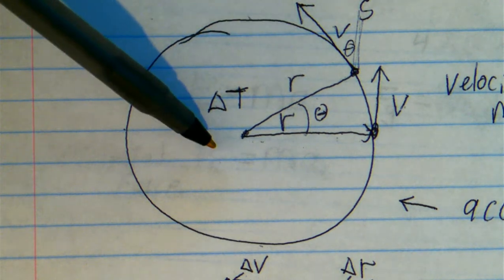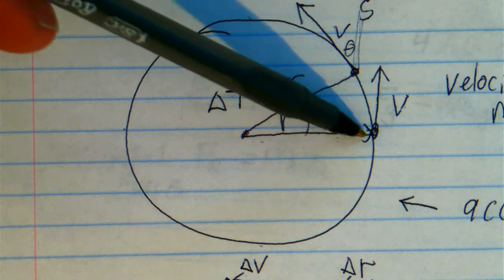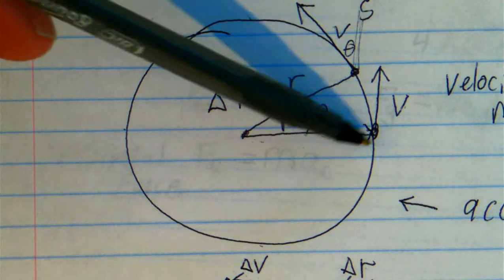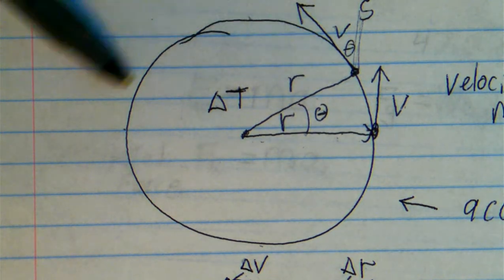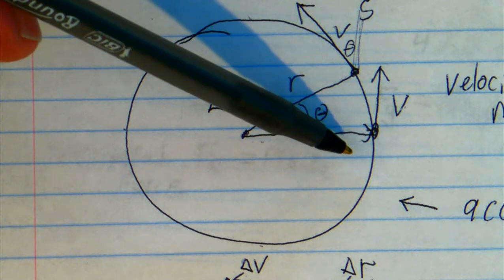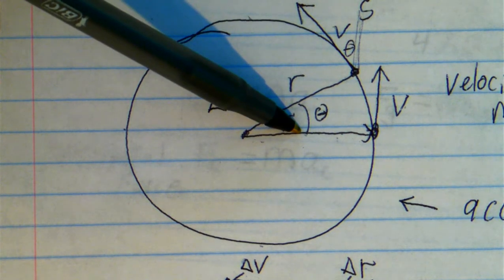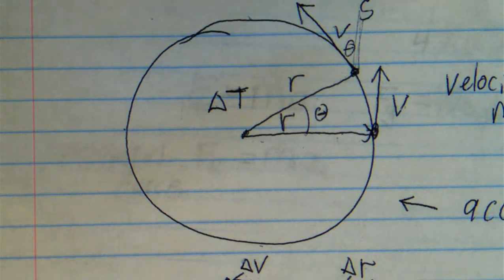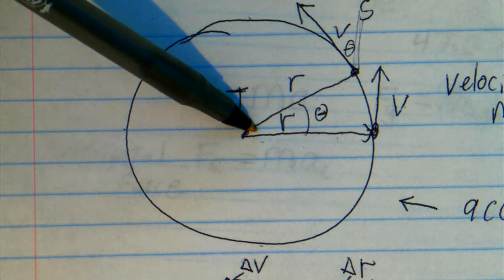So it's telling me how much tension I would need to apply to the string for the result of having this washer move in a circle. If I don't supply the calculated tension, then this thing won't move in a circle. If I pull too hard, it'll move into the circle.